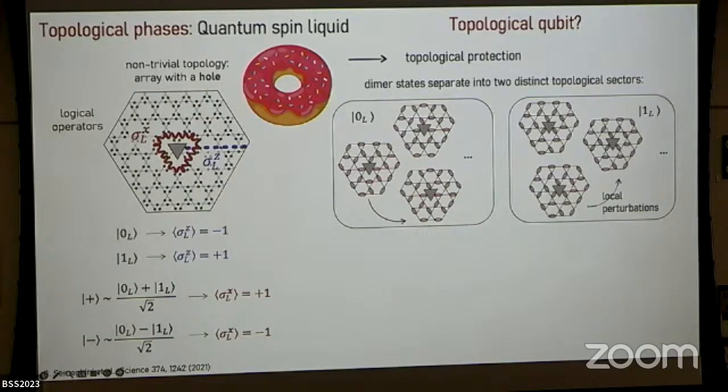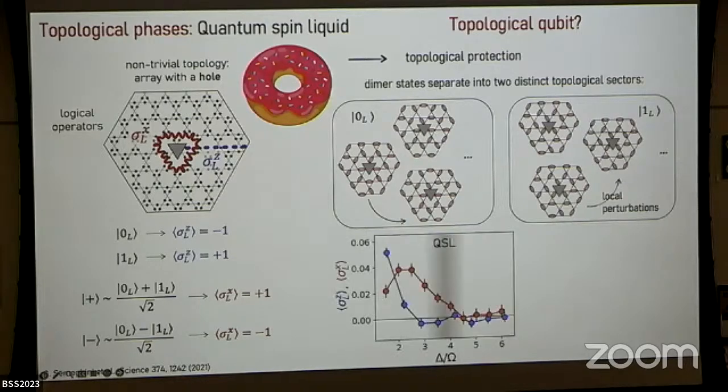So what we do is we repeat the same type of experiments, but in the array with the hole. And then we measure the expectation values for the logical operators. And we observe that in the spin liquid, we have a 0 expectation value for sigma Z and a finite but small expectation value for X, which means that the state we are preparing has a small but finite overlap with the plus state.